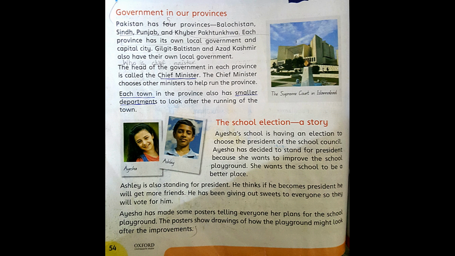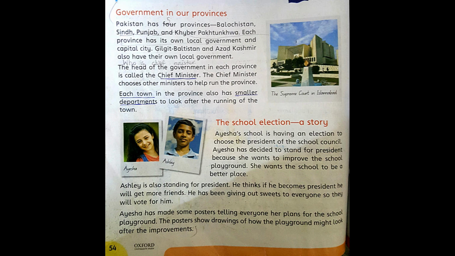Clear? Now come to the school election, a story of school election. There are 2 candidates. One is Aisha. Aisha is a girl. The boy is Ashley. They are participating for the presidentship.